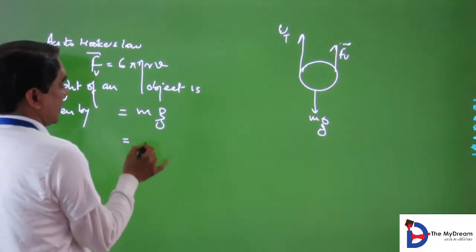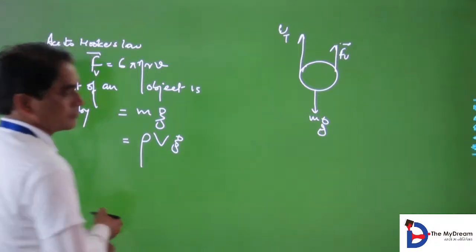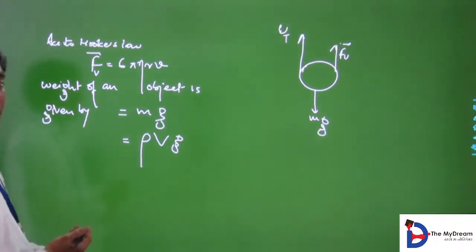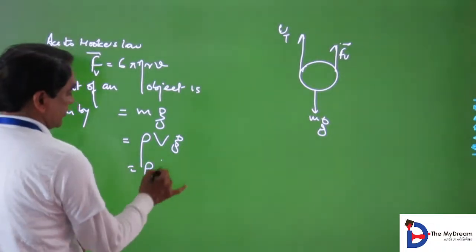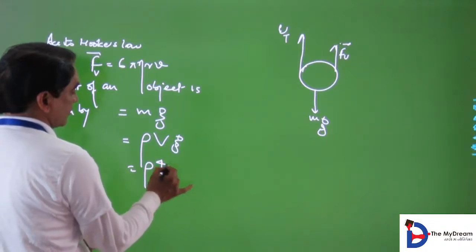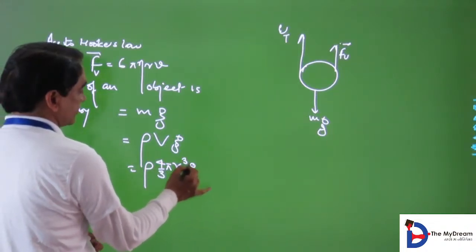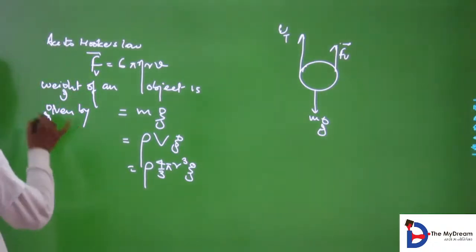Mass is equal to density into volume. The object is supposed to be spherical, so the volume is 4 by 3 pi r cube into rho. This is the weight.